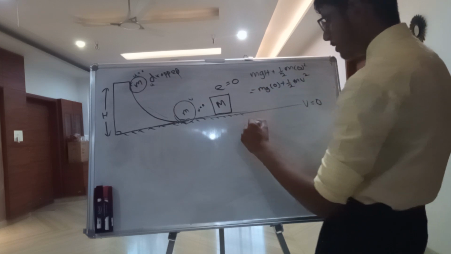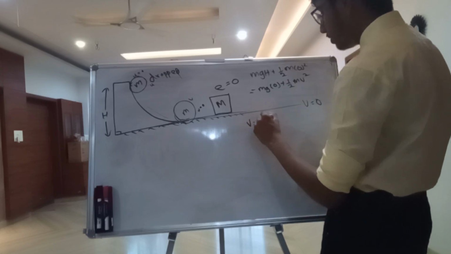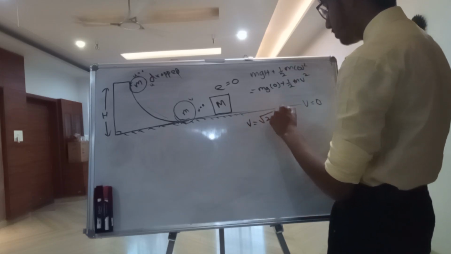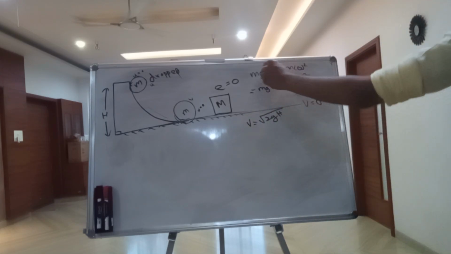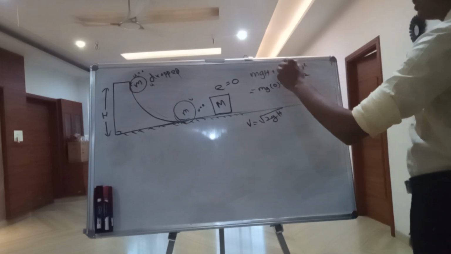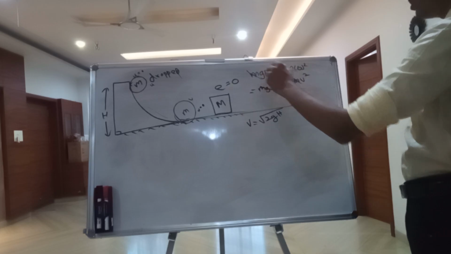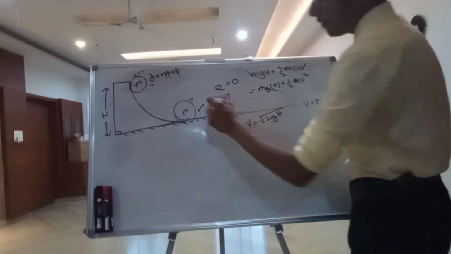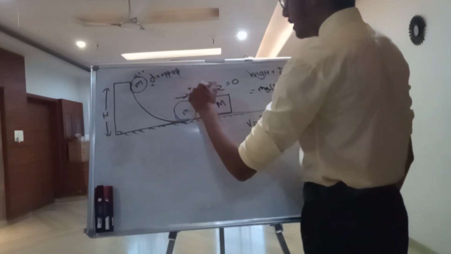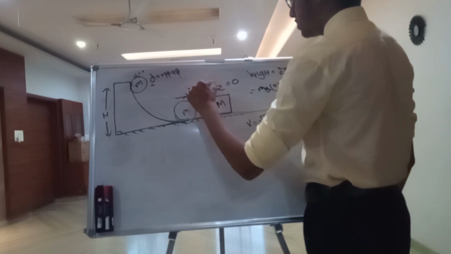From this, half mv square is equal to mgh. The m cancels, so v is equal to root under 2gh. When the particle is here, you will get the speed as root under 2gh.